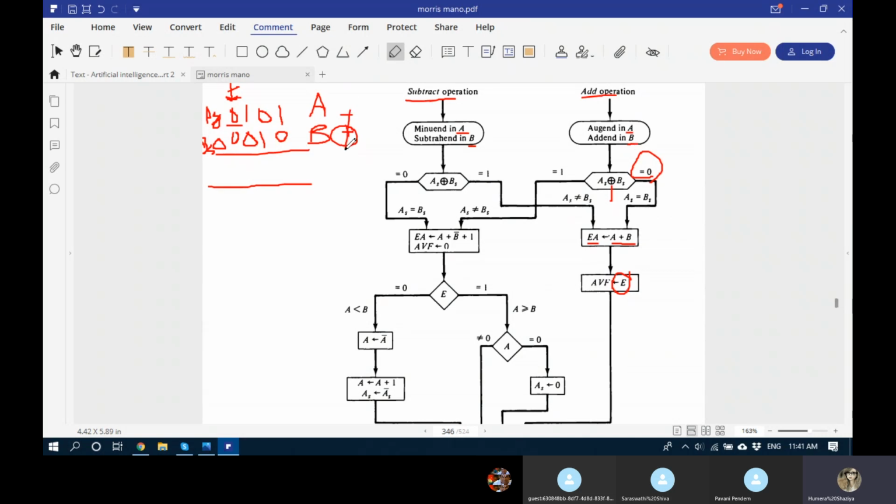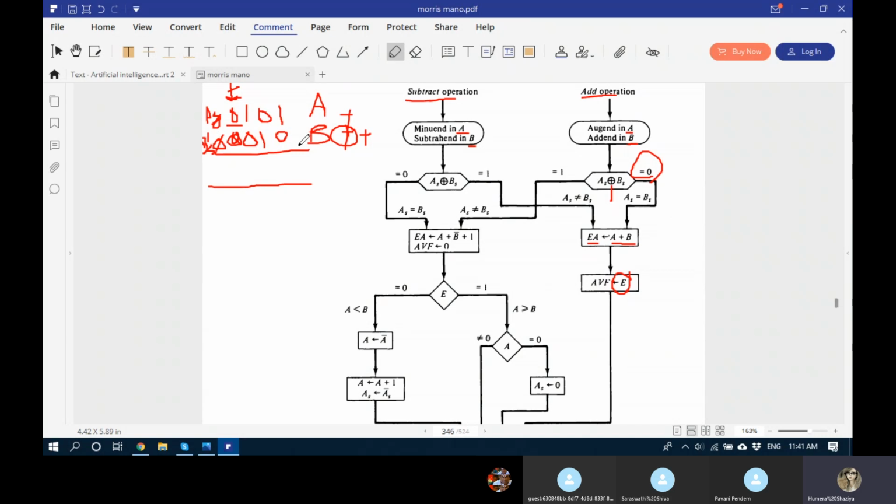Next, consider you are performing a plus operation and one of them is a negative number. If you give 1 here, it denotes that this B value is negative.